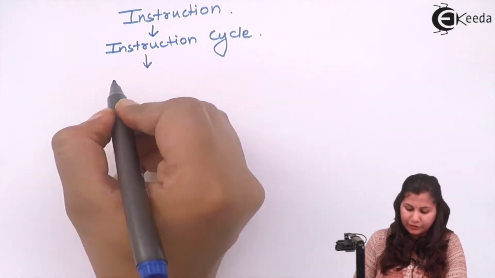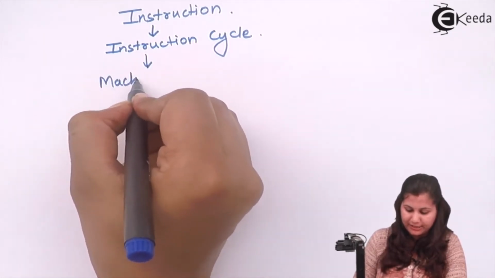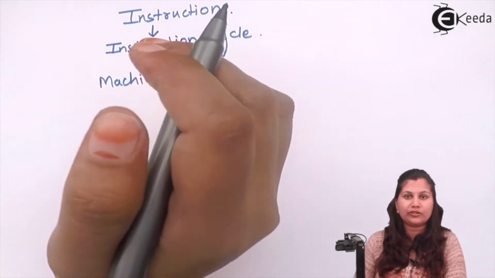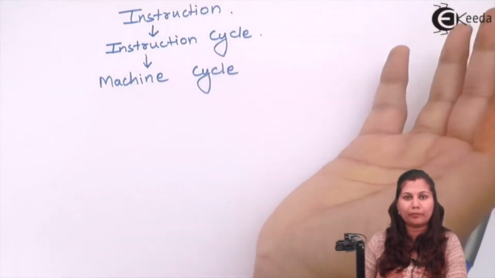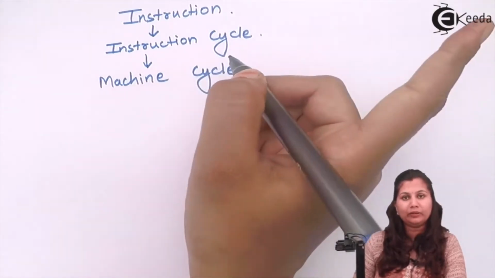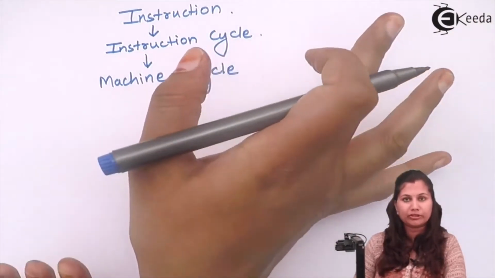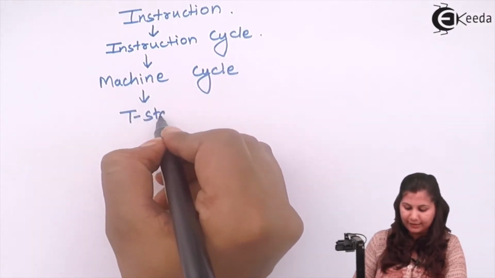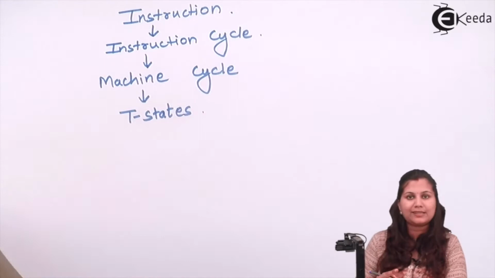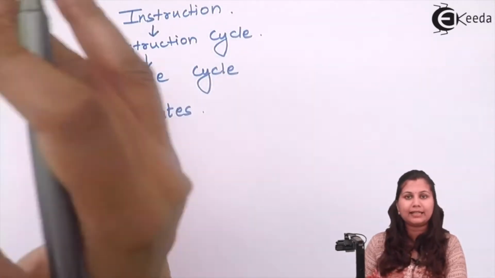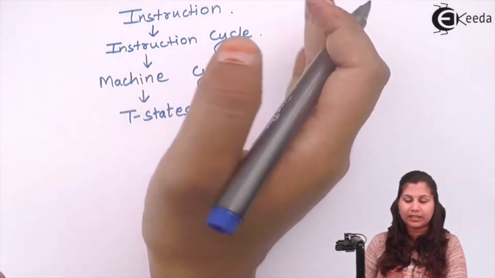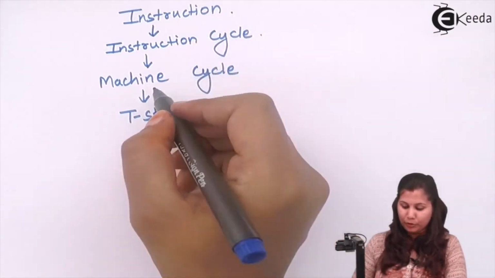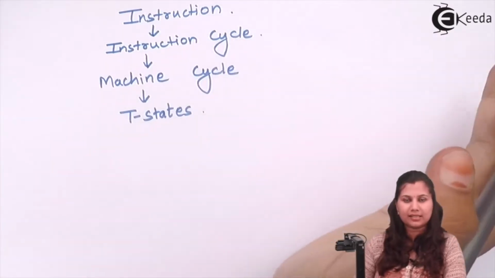Then in this instruction cycle we can have various machine cycles, because any instruction will involve various operations. So the time required to complete one operation becomes the machine cycle. And in this machine cycle we have various T states, because T state means one clock period. T state and clock period are one and the same thing.